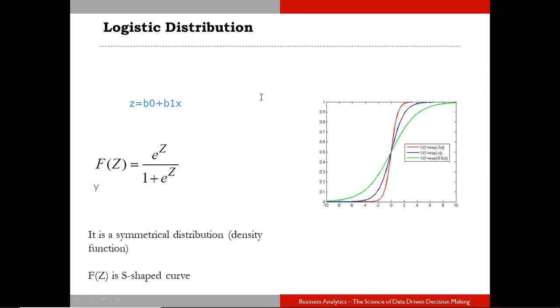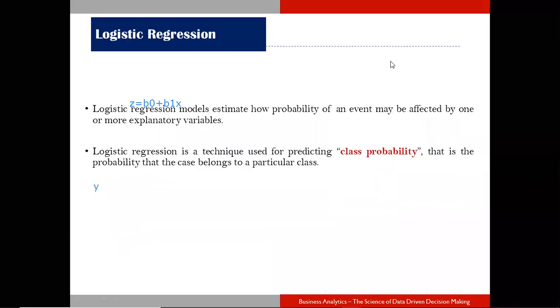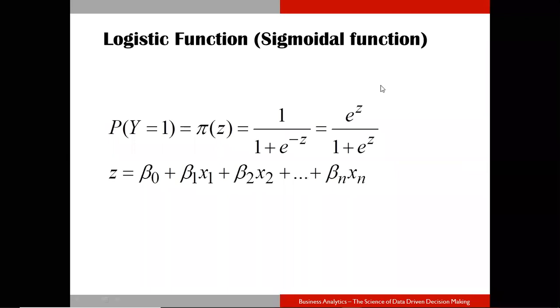So here we are trying to find the logistic function. This is called the logit function or logistic function. Here z is given by beta naught plus beta 1 x1 plus beta 2 x2 plus up to beta n xn.